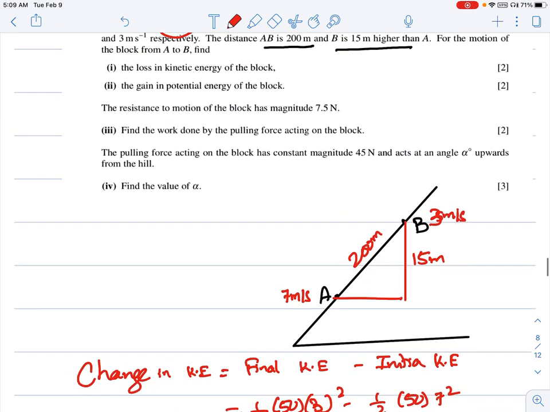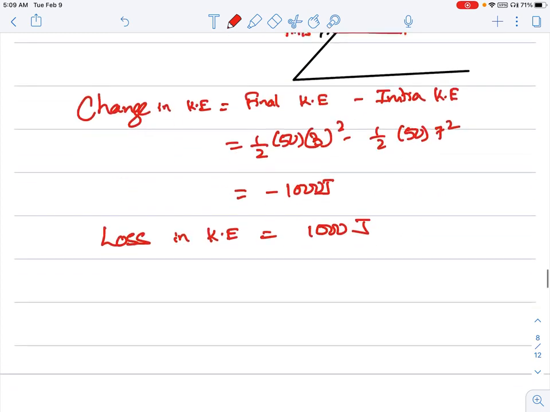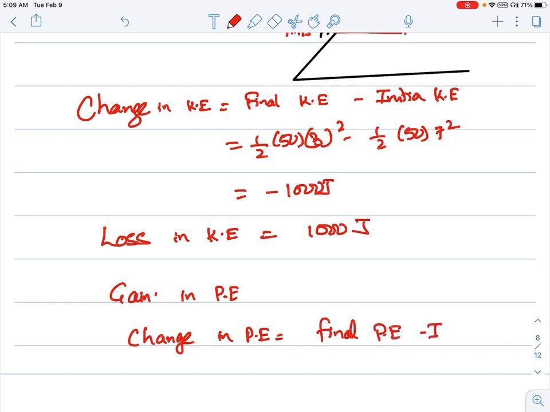Next, the gain in the potential energy. What is the gain in the potential energy being asked? So I find the change in potential energy, which will be equal to final potential energy minus initial potential energy.